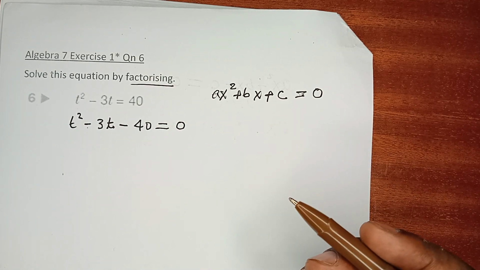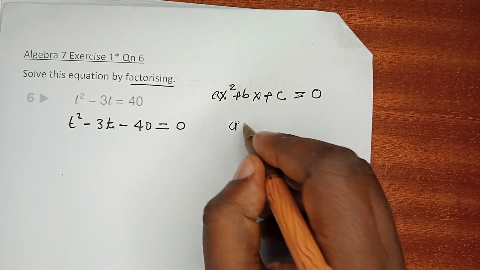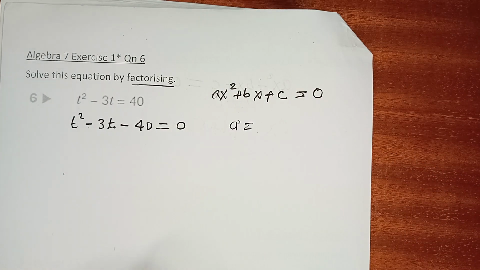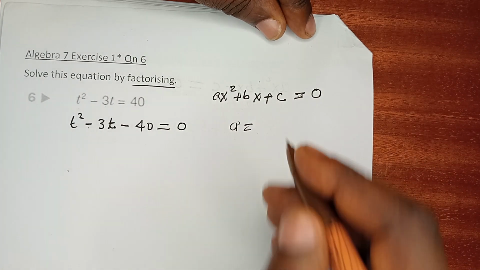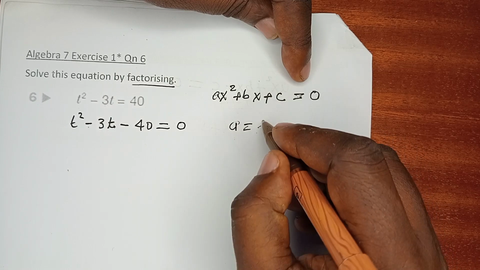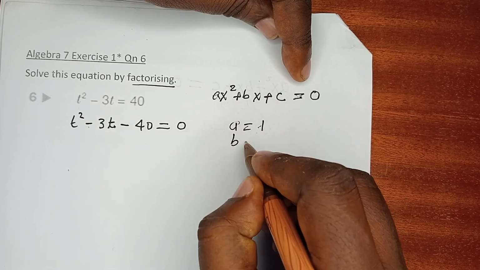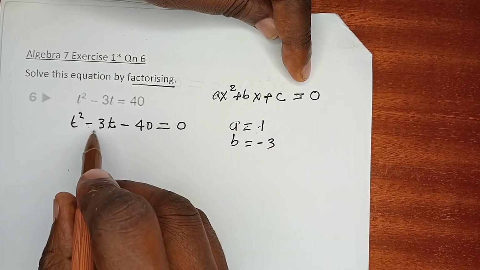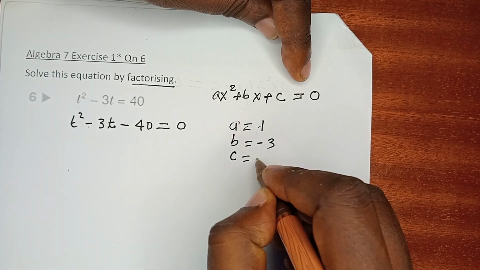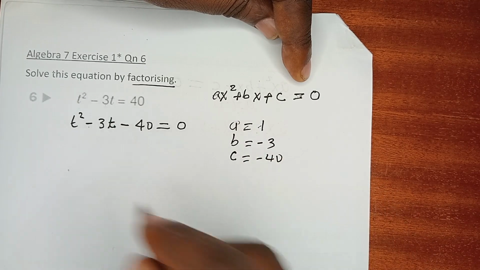So in this case our a is 1, our b is minus 3, as you can see, and our c is negative 40, as you can see.